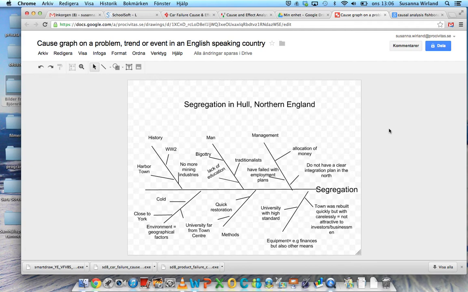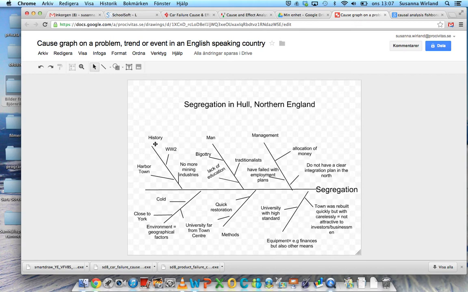Hull is then a town which I lived in when I studied in England, and it was clear that they had a huge problem with segregation, and I have made my own fishbone graph here. I put my problem over here, segregation, and then I chose the problems history, man, management, environment, methods, and equipment, and those are the ones that I think you should use as well.